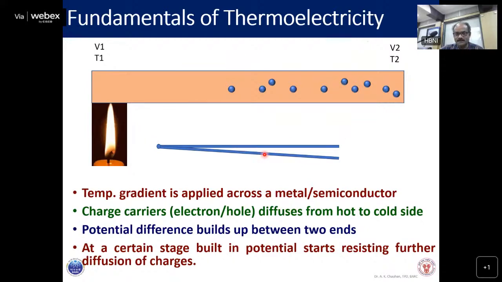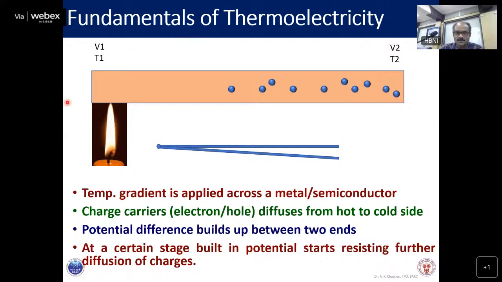Suppose it has electrons as charge carriers, if it is a metal, the electrons will move from this part to this part. Since both these rods are identical, made of the same material, exactly the same amount of electrons will go from this side to this side, and the exact same potential difference will be generated.